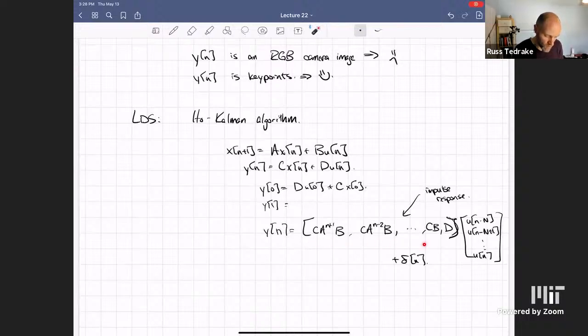You solve just a least squares problem to find these matrices, not the individual matrices, but the over-parameterized version, where I'm going to fit each of these individually. And then, because D appears here by itself, you can easily extract D. Because C and B appear on the outside in this convenient way, you're not going to be too surprised to know that with a little bit of singular value decomposition, you can break this apart and pull out C, A, and B.